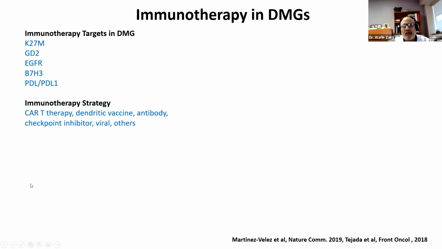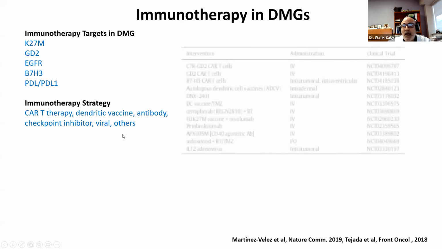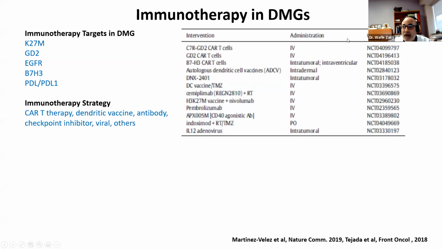And there are different strategies for phase 1, including CAR-T, dendritic cell vaccine, monoclonal antibody, radio-labeled monoclonal antibody, checkpoint inhibitor, viral immunotherapy, and others. And these are the current active phase 1 trials using immunotherapy in midline gliomas.